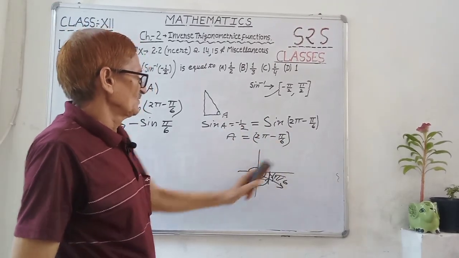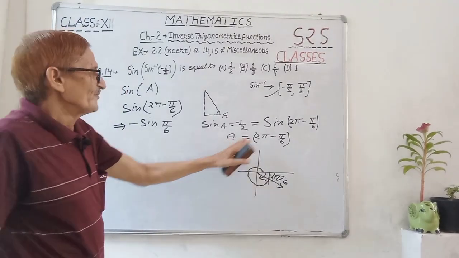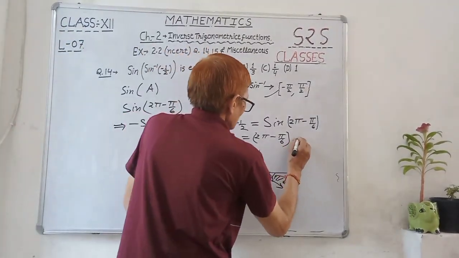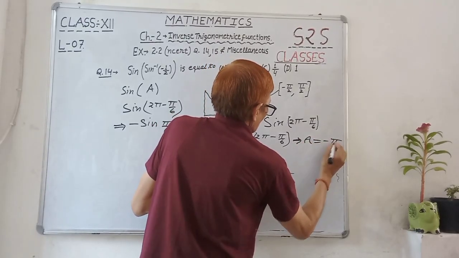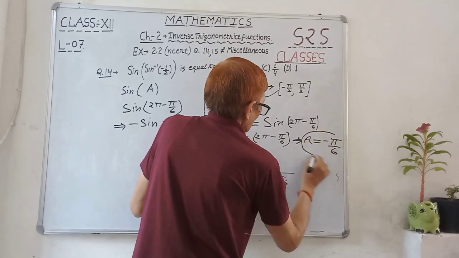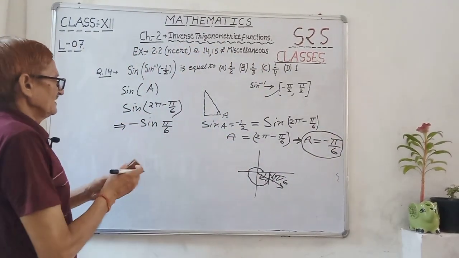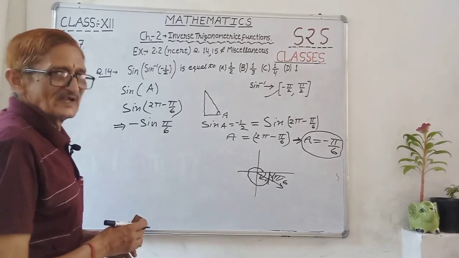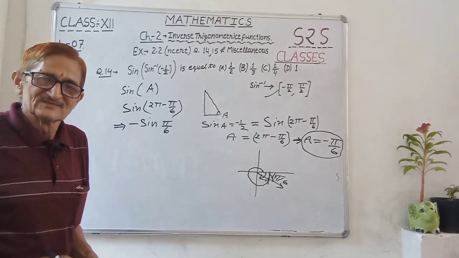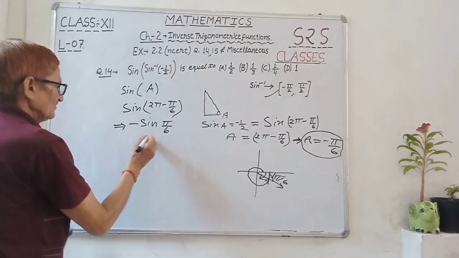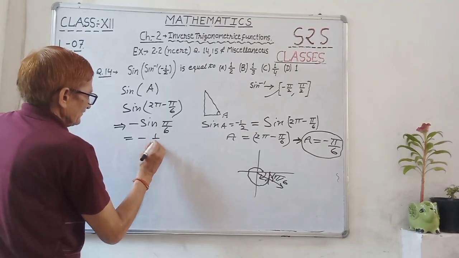If we read this angle from the back, A is minus pi by 6 in the fourth quadrant. So sine of minus pi by 6, sine of minus theta is minus sine theta, so it is minus 1 upon 2.